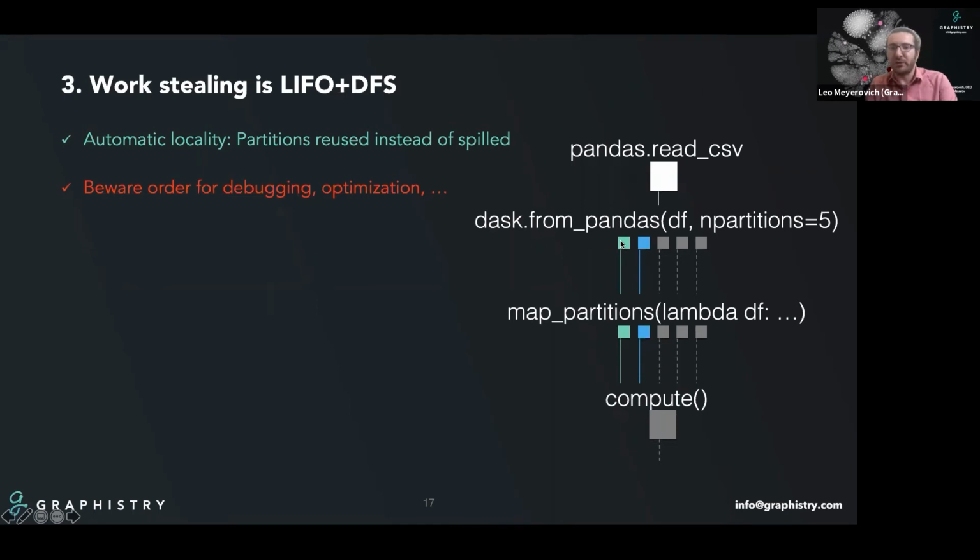For example, the green thread might work on a task, and then it wants to reuse that for the next step rather than going on to one of the other ones from that initial partition set. So you see it's kind of going depth first here. That's great for performance, but pretty confusing for things like debugging. And sometimes, in certain optimization scenarios where you actually have too much parallelism, you just need to be aware of it.